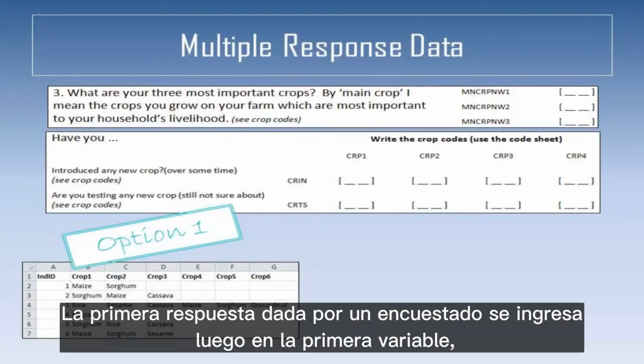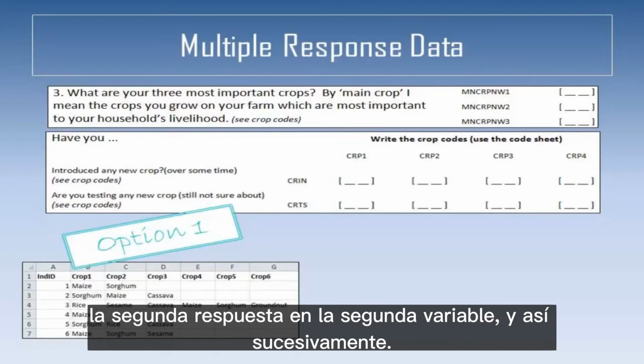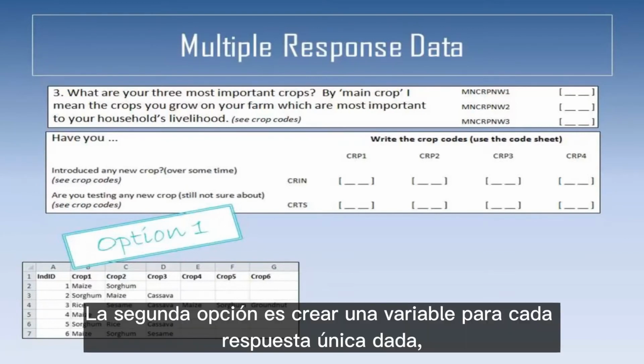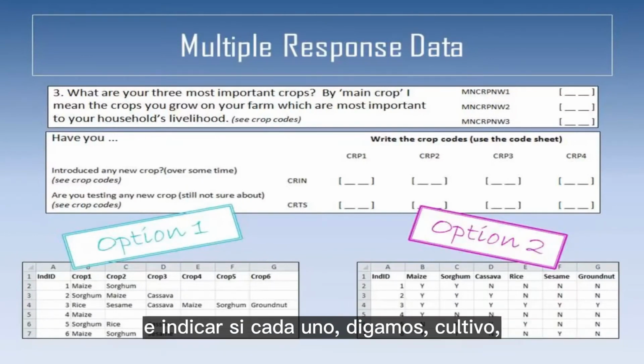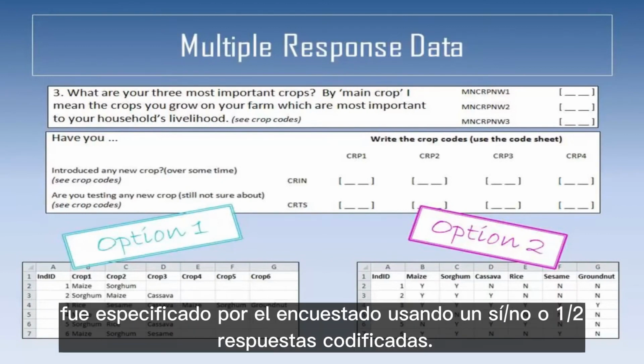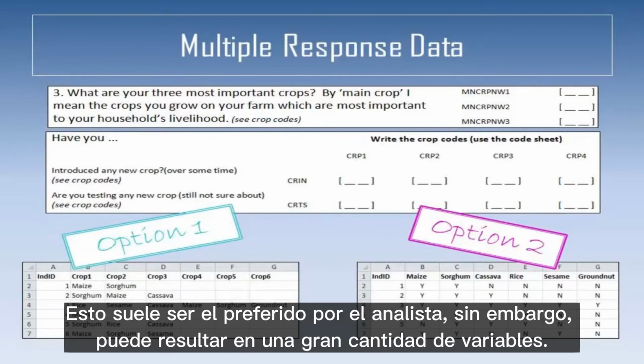The first response given by a respondent is then entered into the first variable, the second response into the second variable, and so on. The second option is to create a variable for each unique response given and indicate whether each, say, crop, was specified by the respondent using a yes-no or coded 1-2 responses. This is usually preferred by the analyst, however, it can result in a large number of variables.